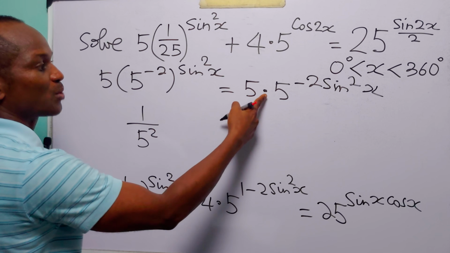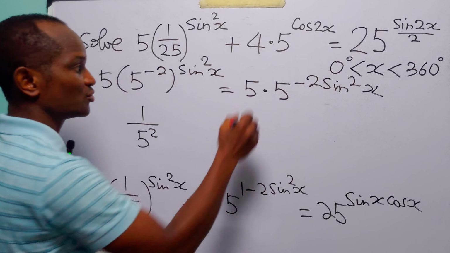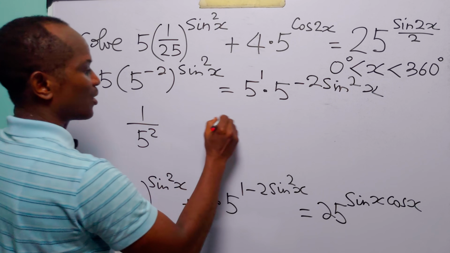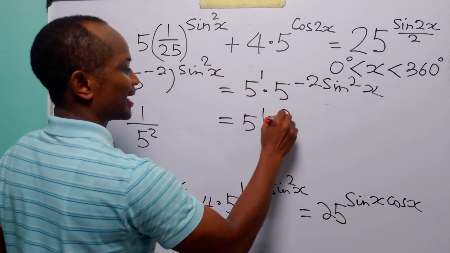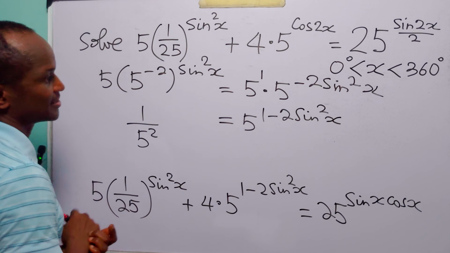Now, of course, you know that when we multiply two numbers with the same base, all we have to do is to add their exponents. So this is ultimately equal to 5 to the power 1 minus 2 sin squared x.